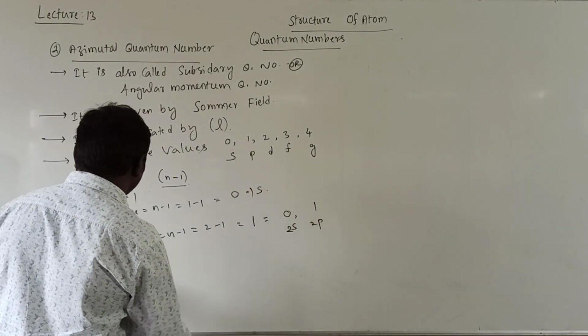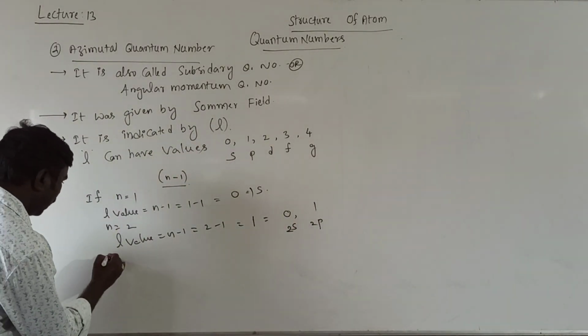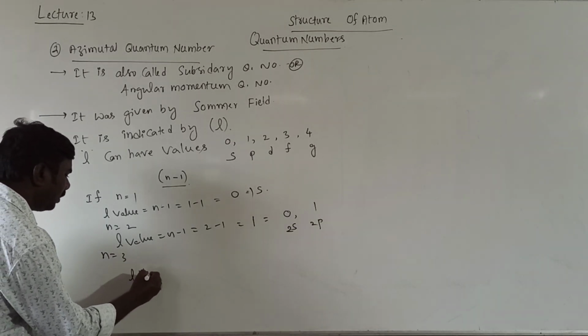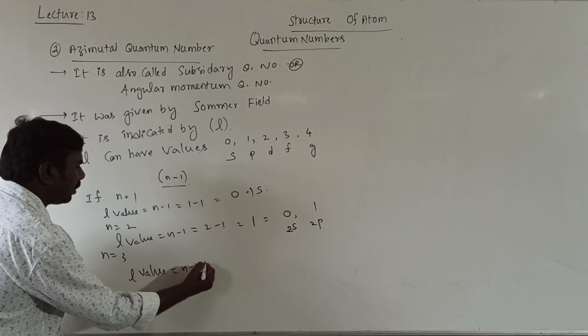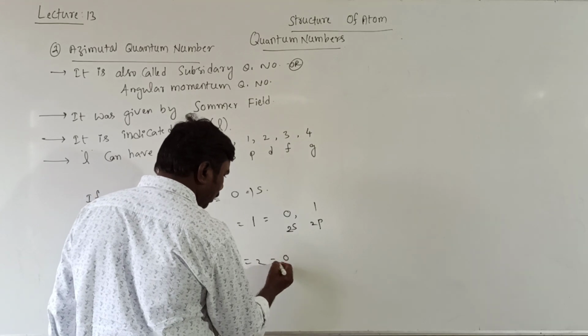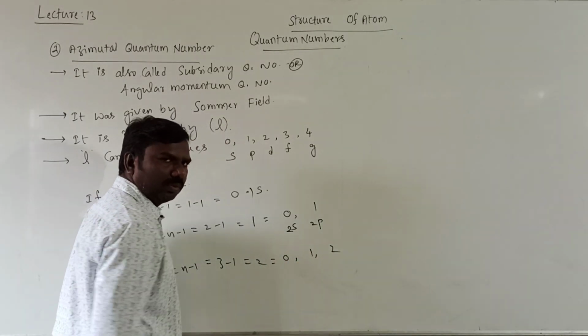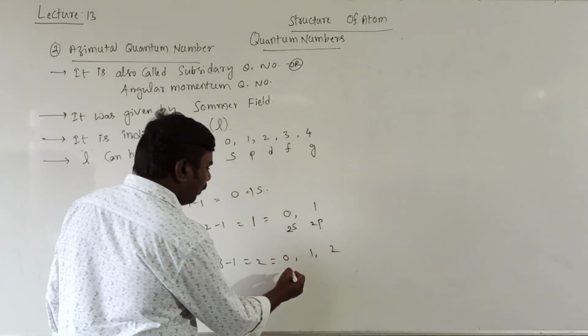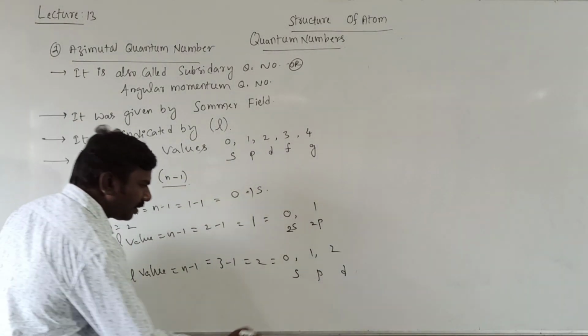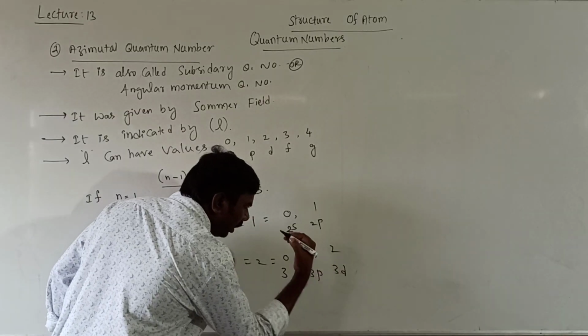It is 1s because n is equal to 1. n is equal to 3, the l value is n minus 1, 3 minus 1, it becomes 2. That will be 0, 1, 2, so it becomes s, p, d. n is equal to 3 means 3s, 3p, 3d.